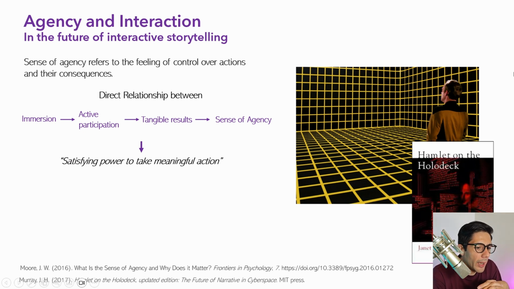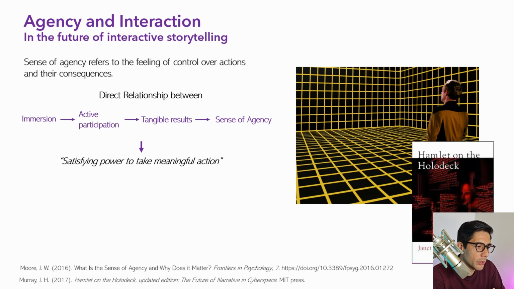Now, we have videos about this on this channel, but I will also explain this. Part of this lecture is explaining what agency and interaction are. Somehow I always try to highlight this concept of agency, bringing in the literature of Janet Murray, a famous researcher, famous for the book Hamlet on the Holodeck, right?